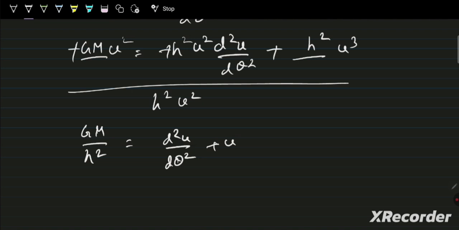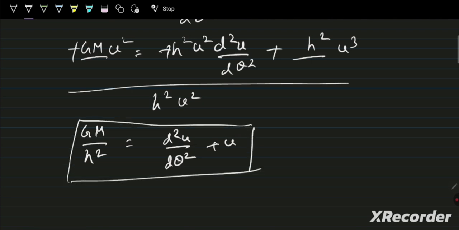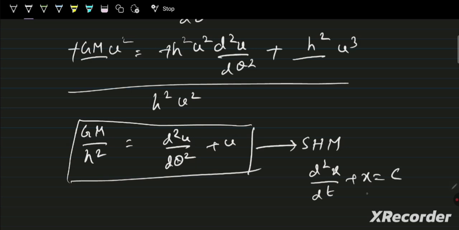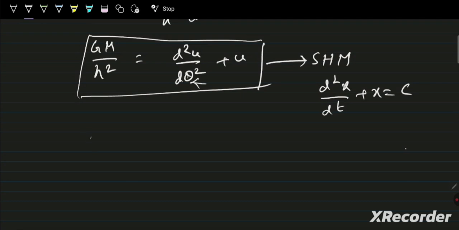Now this equation looks familiar. Exactly, it looks the same as the equation we saw in SHM, but instead of d2x by dt2 plus x is equal to c, we get theta here. So accordingly we have to set the variables. We get u is equal to Gm by h square plus c cos theta.